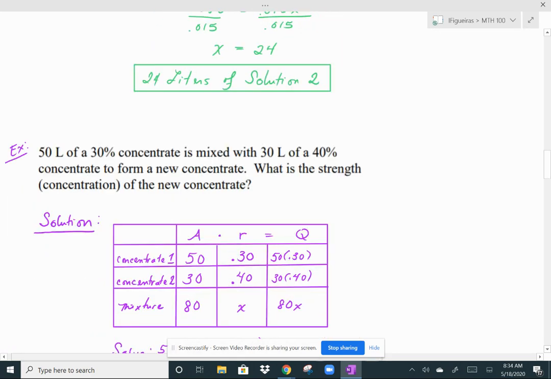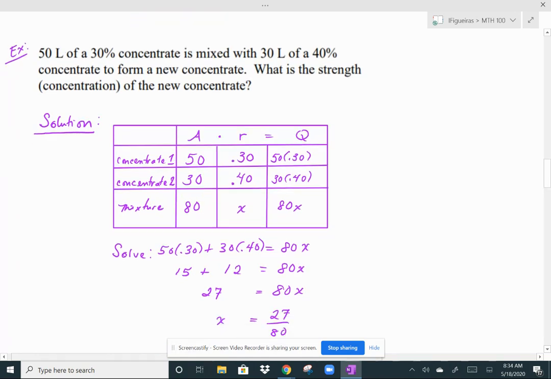All right, next example. We have 50 liters of a 30% concentrate, and it's mixed with 30 liters of a 40% concentrate to form a new concentrate. What is the strength or the concentration of the new concentrate? Okay, so we're going to be solving for the percentage of the mixed product.